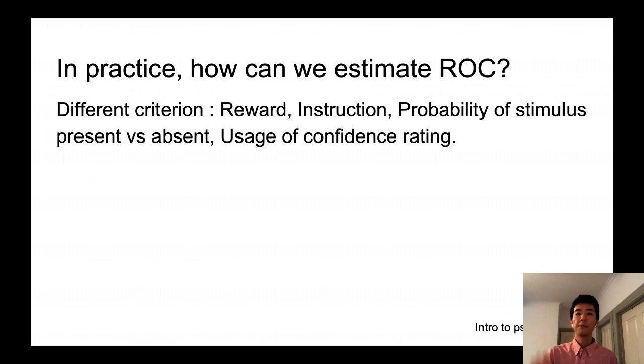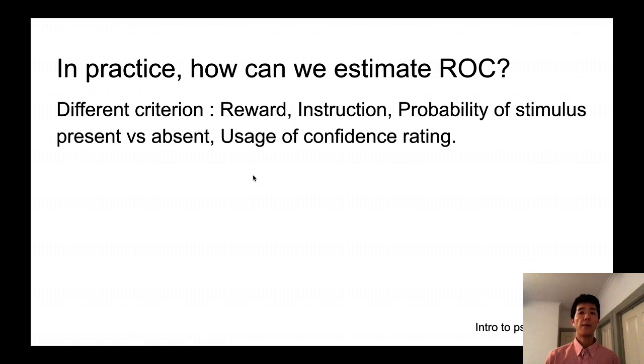For example, if you give $100 for the correct hit, whereas you give only $1 for the correct rejection, then people are likely to say yes. But if you do the vice versa, people are likely to say no, without changing the sensitivity.